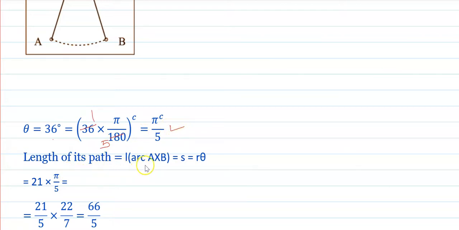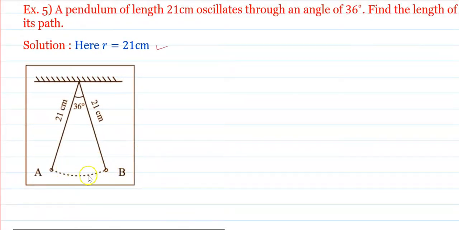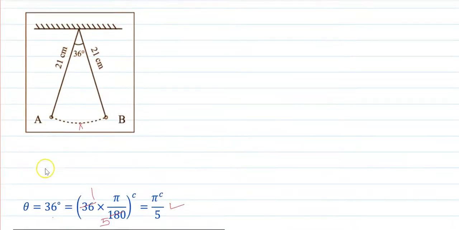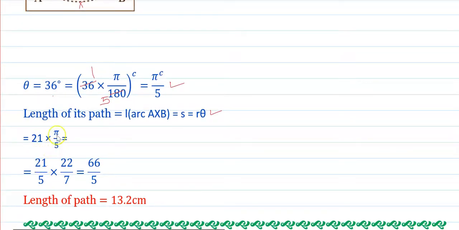Now the length of arc, that is the length of AXB. Suppose S is equal to r into theta. The radius is 21, theta is pi by 5, and substituting the values, first is 21 upon 5 into pi, where pi is 22 upon 7.